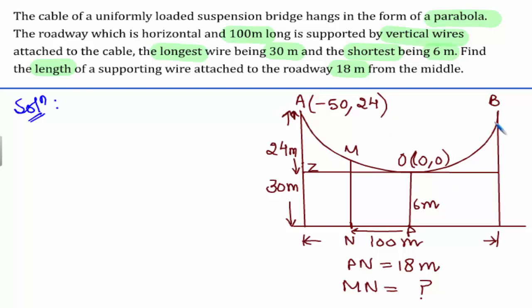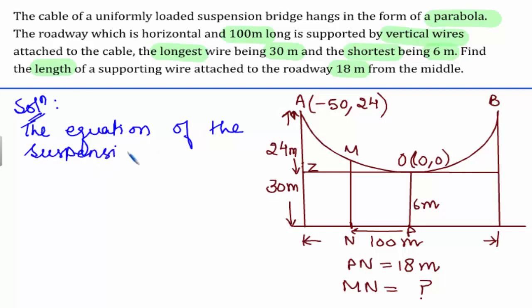Now as we can see, the bridge is in the form of a parabola which opens upwards. Therefore, the equation of the suspension bridge is given by x square is equal to 4ay.